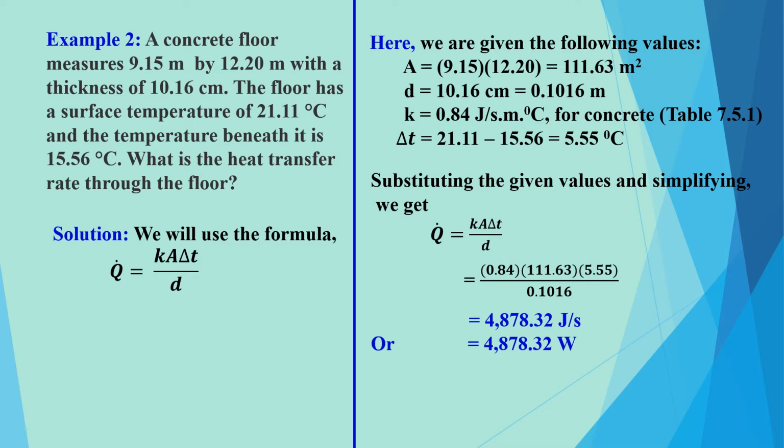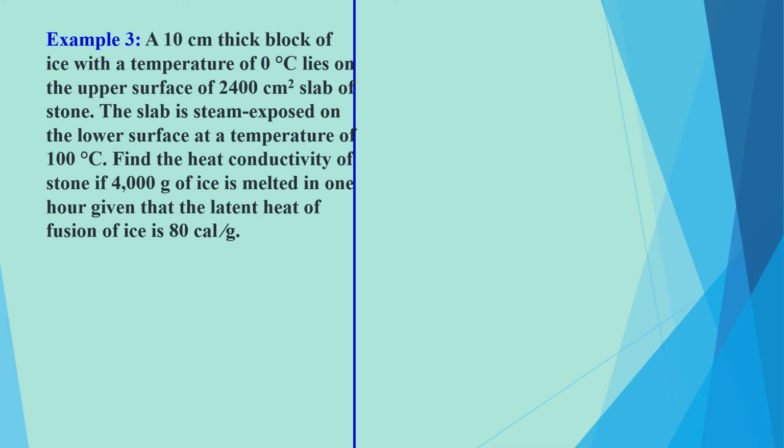Substituting the given values and simplifying, we get the Q dot, or the heat transfer rate, is 4,878.32 joules per second, or 4,878.32 watts.